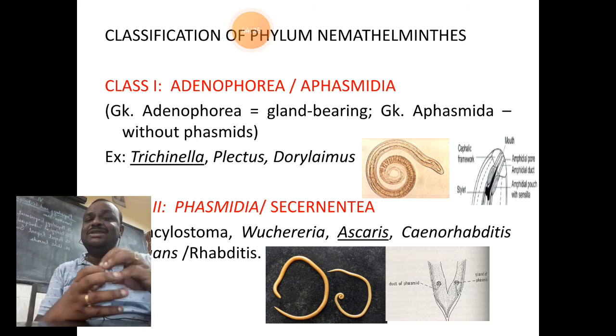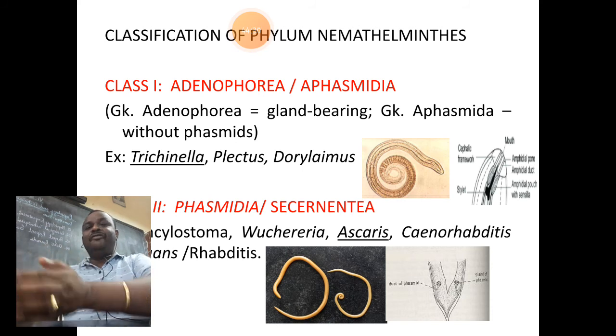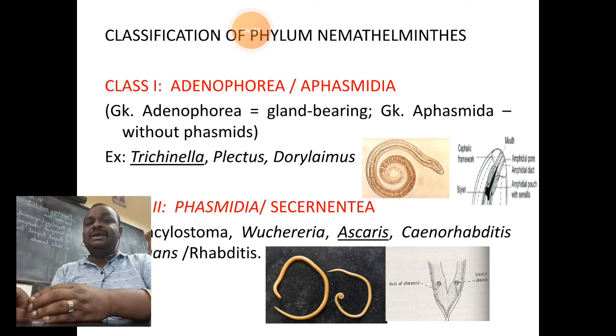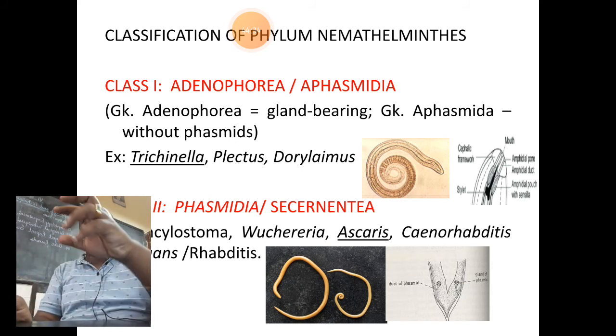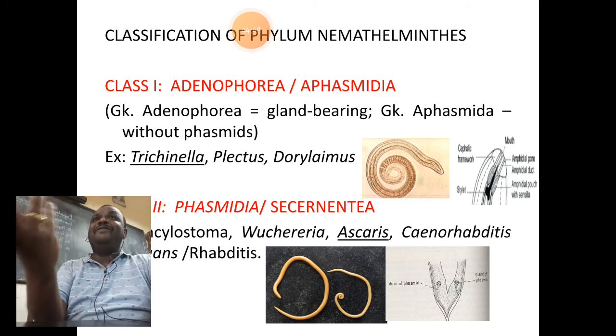So, that is the importance of this group. So, the class 1 group of nematodes includes the organisms, and the class is called Aphasmidia or Adenophorea. Adeno means gland, phoro refers to bear. A means absent, phasmos refers to without the phasmids.